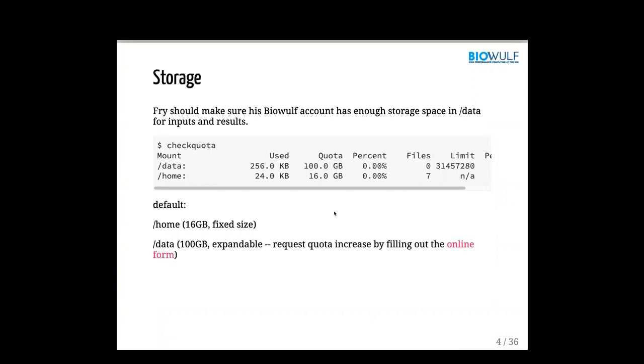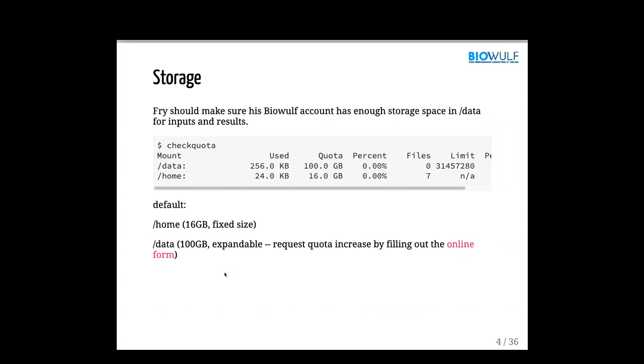By default, every user will have a home and a data directory. Home is a fixed size of 16 gigabytes. However, the data directory will be 100 gigabytes. And if you think the data will increase quickly, you had better fill out an online form to request a quota increase before you perform any analysis.